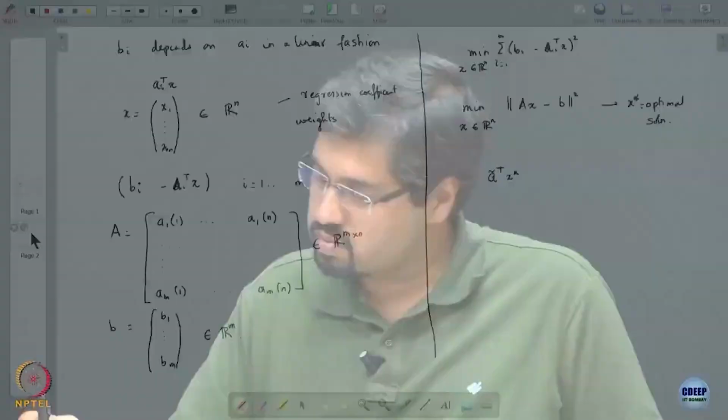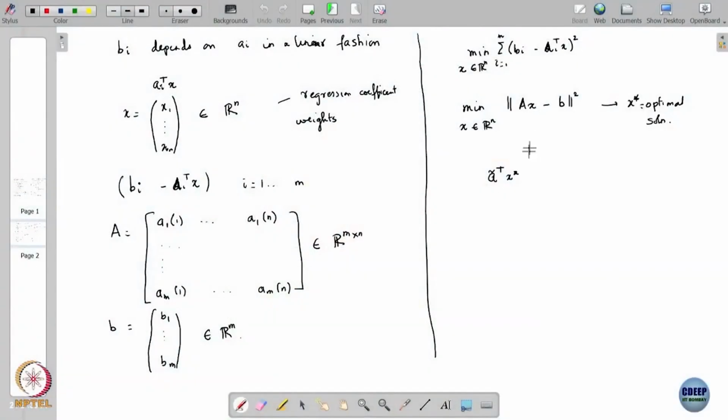That kind of outlier can have an adverse effect on your choice of x star, because of the way you are training your algorithm. It can skew the choice of x star a little bit, to the point where the noise starts playing a bigger role than the trend.